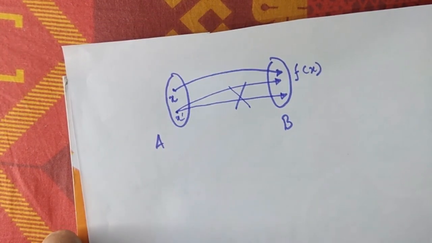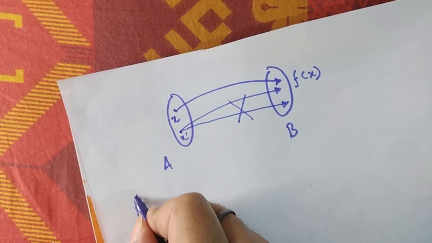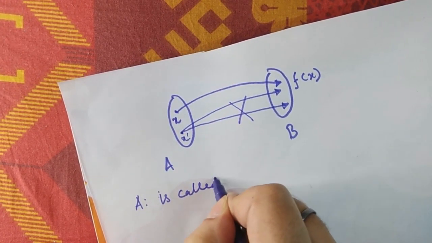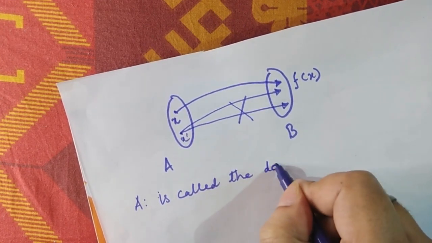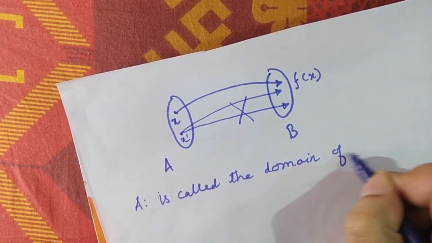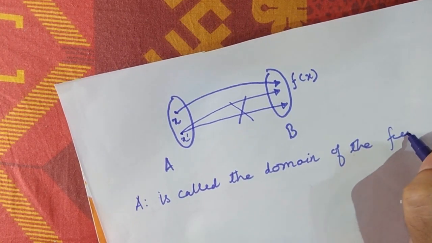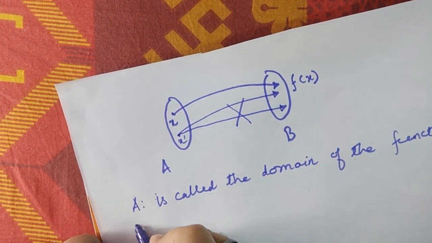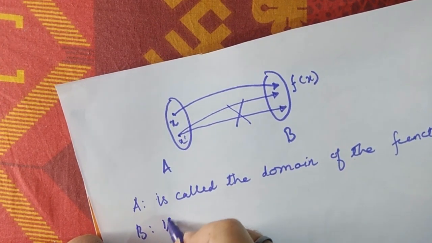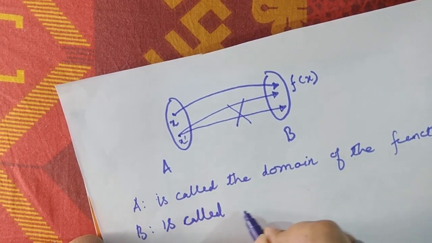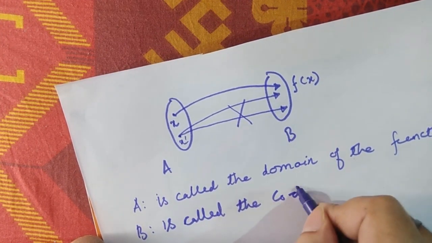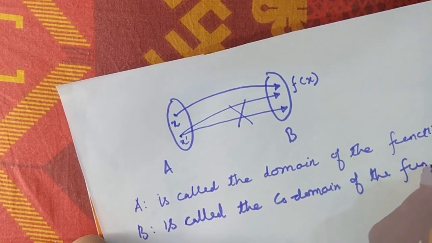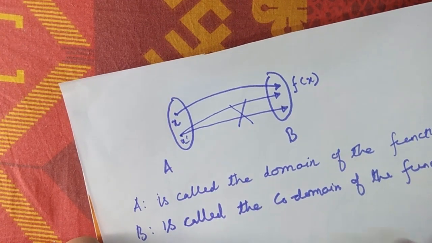The sets A and B have special names. A is called the domain of the function f, and the set B is called the codomain of the function f.